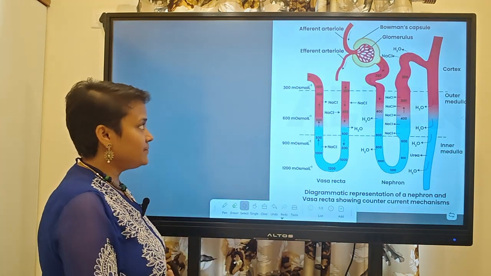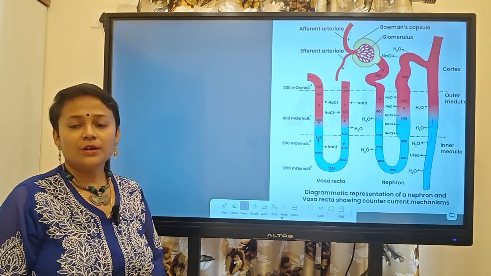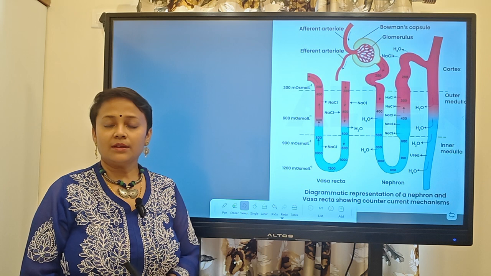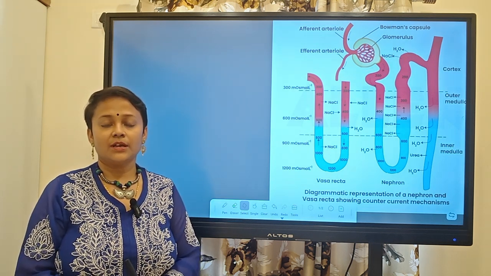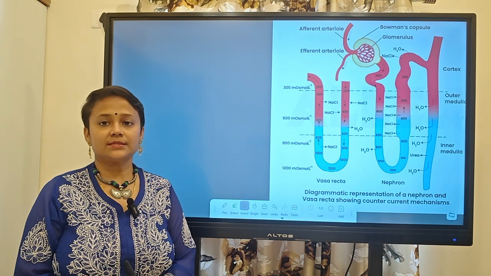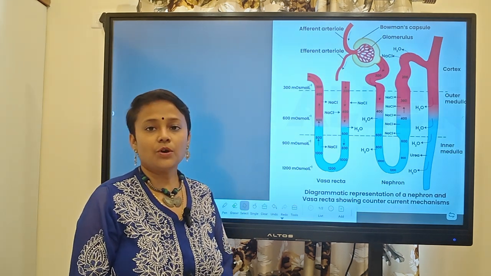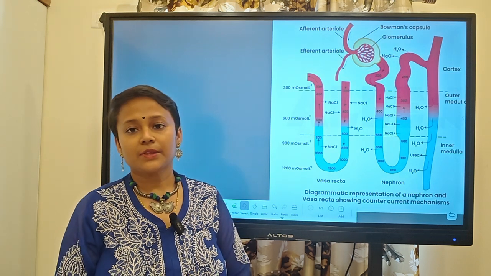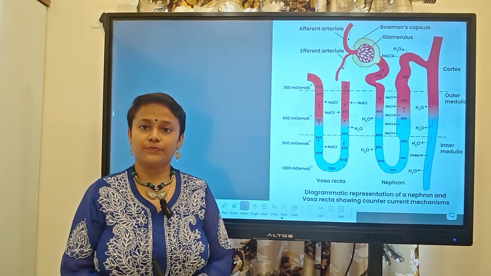So, if we look at the mechanism to concentrate the urine, mammals have the capacity to concentrate. Now we know the basic structure, that there are different types of nephron in mammals: juxtamedullary nephron and cortical nephron.